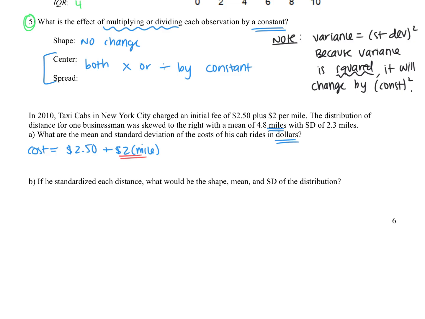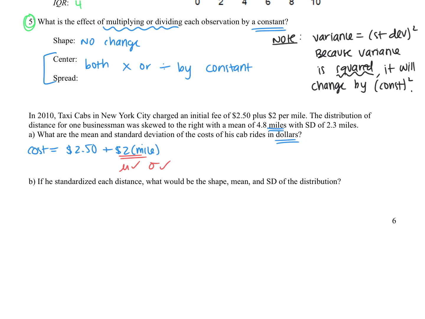Yeah, that's what we just saw above in blue. So it will change the mean. Will it change the standard deviation? Yeah, just like it did above. When we doubled, that changed the spread.